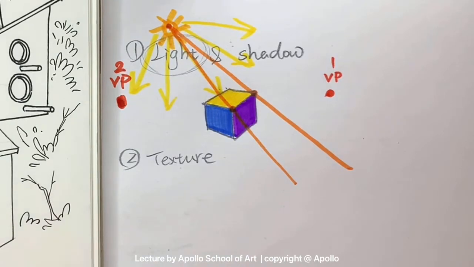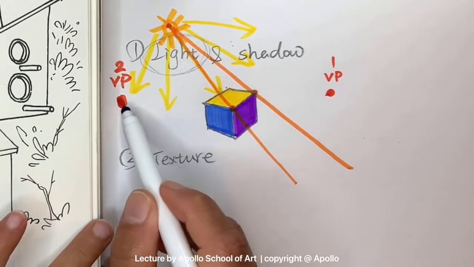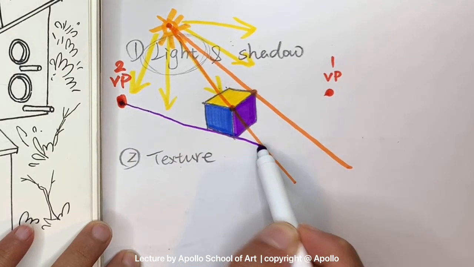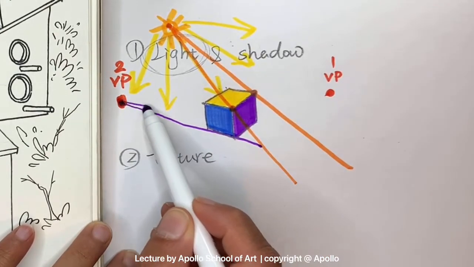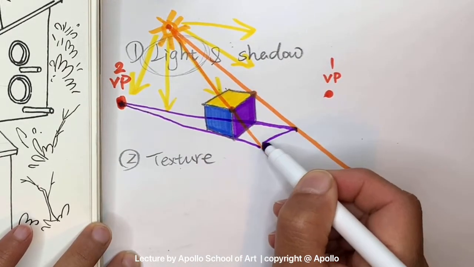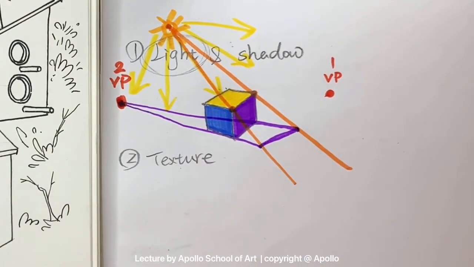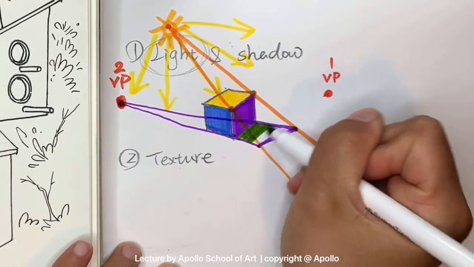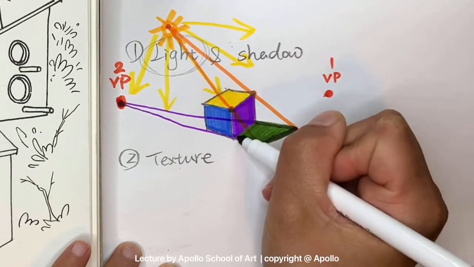So I'm going from here all the way to touch. One more time, touch, close. Okay, so let me use the green one. So that would be the shadow on the table. We got the shadow right here.